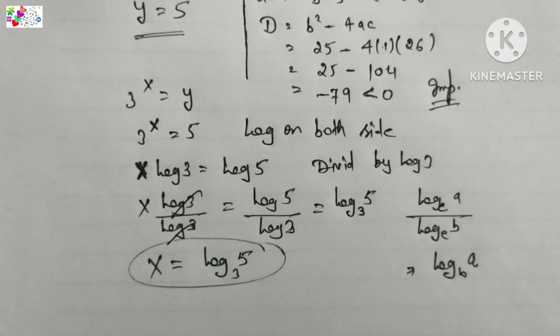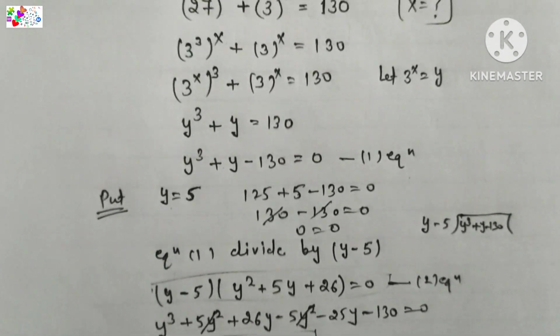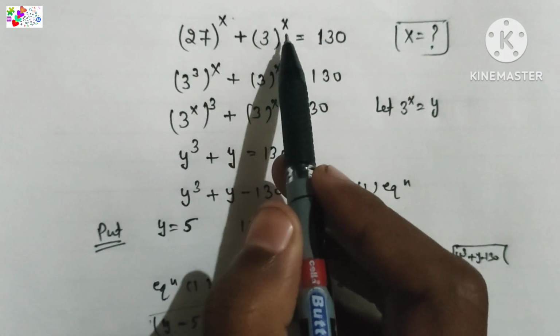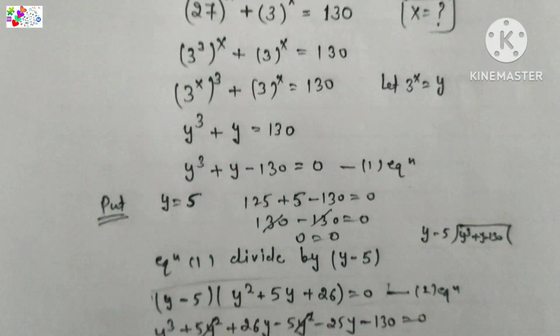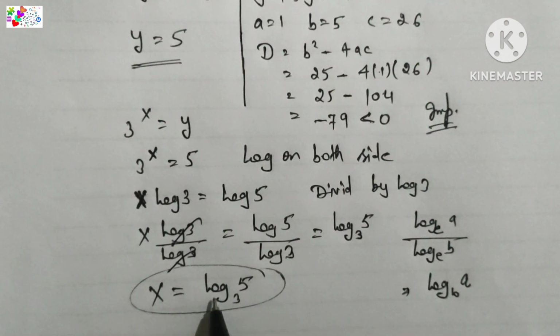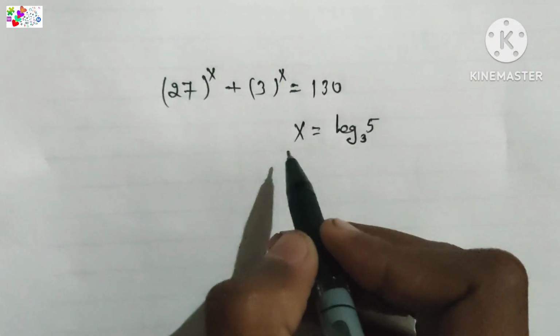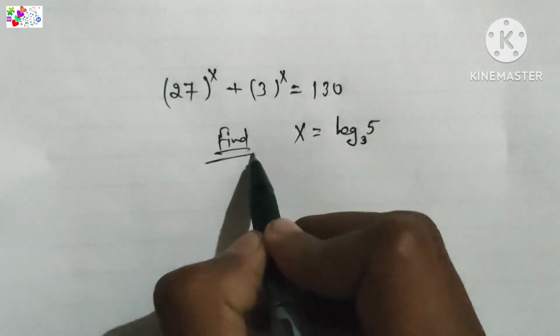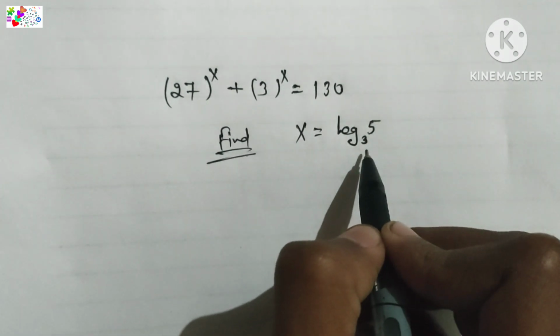So we have the equation 27 to the power x plus 3 to the power x is equal to 130, and we got x is equal to log 5 base 3.